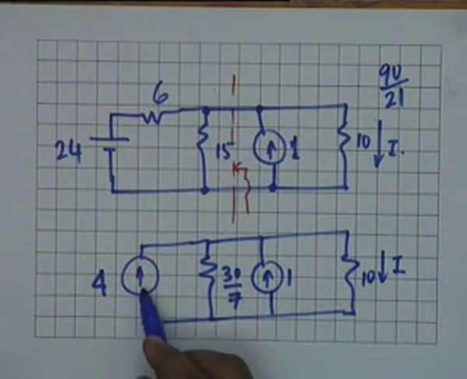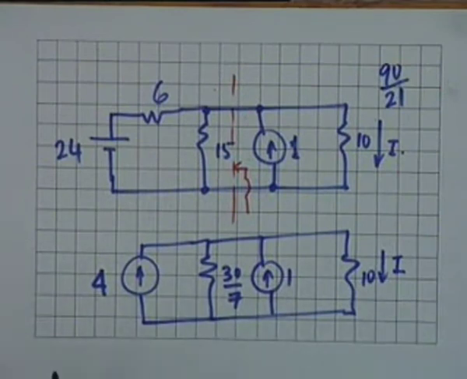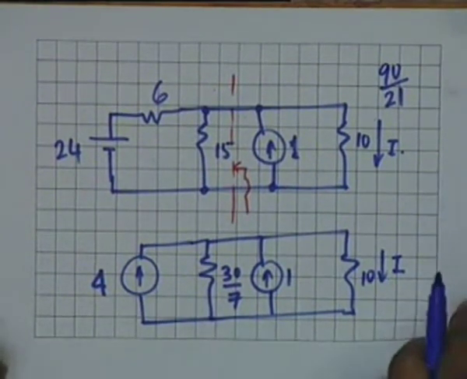Now you notice that both these current sources, 4 amperes and 1 ampere, are in parallel. So we can convert these two into a single current source of value 5 amperes, 4 plus 1.